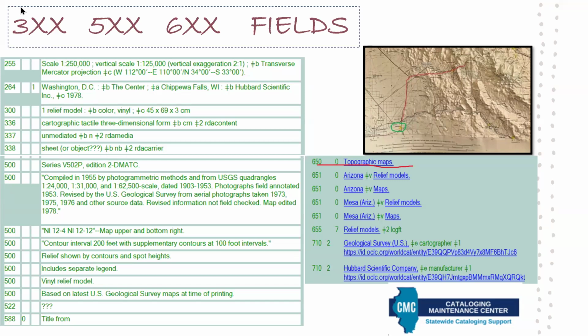Okay, for the 650, while going down the rabbit hole, I learned that relief models are not topographic maps. I left the 650 on the slide so that I remember to mention it to you, that this 3D relief model is not a topographic map.